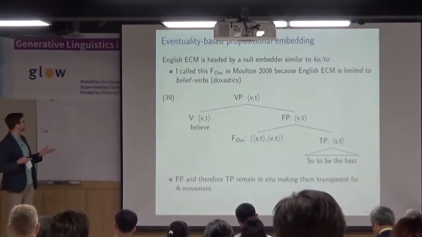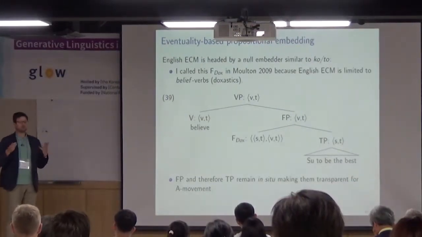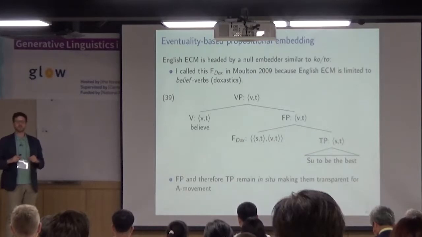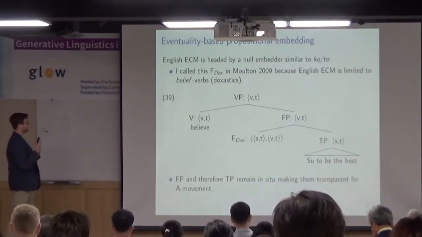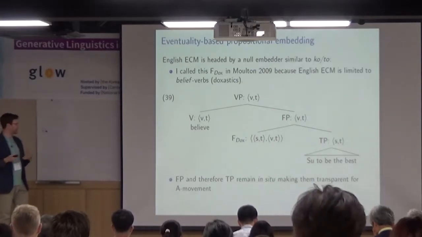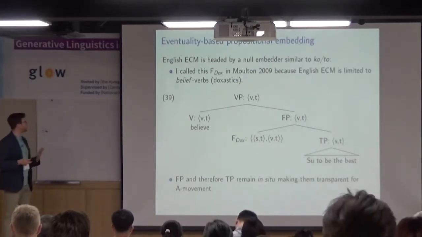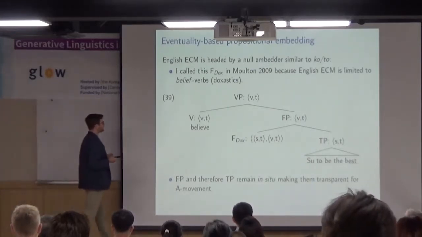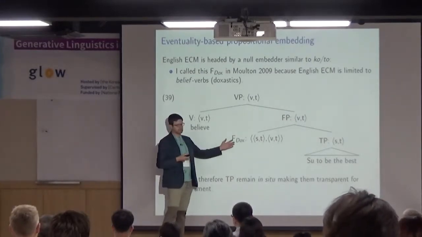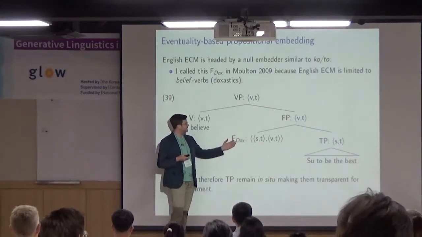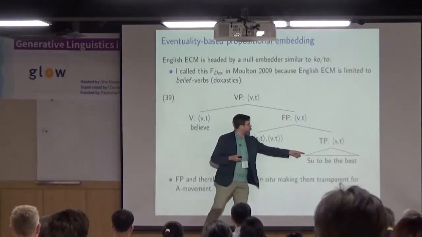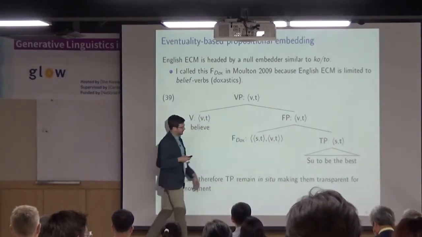I called it F-docs, because I called the null element in ECM an embedder that required doxastic meanings. But I didn't really have any evidence for this. But my thinking now is that this is a reflection of the same thing that's going on in Korean and Japanese. There's an argument introducing head that integrates a proposition and allows it to combine with a verb.